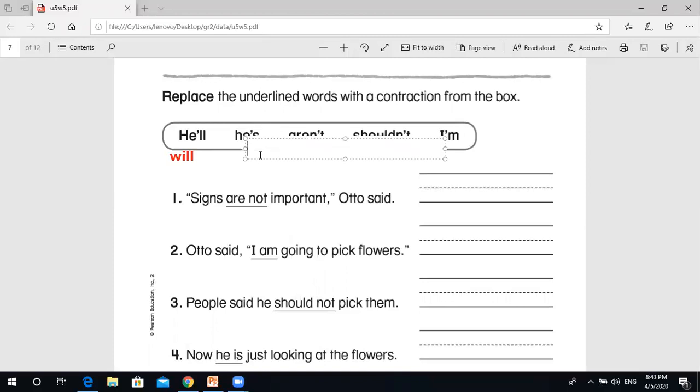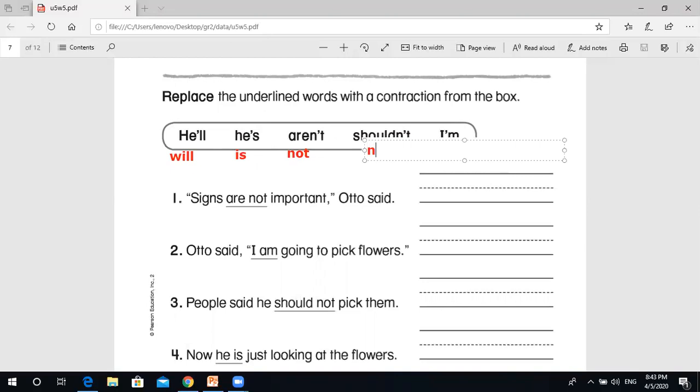He is. What about the verb here? The verb here is. Aren't. Here, the second case of the contraction. Are, the verb plus not. And here, shouldn't.